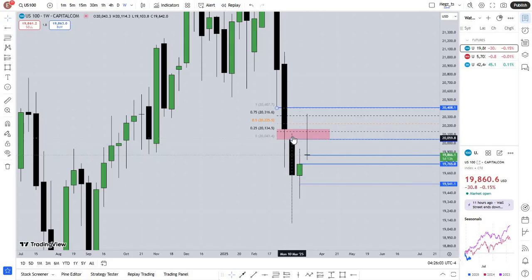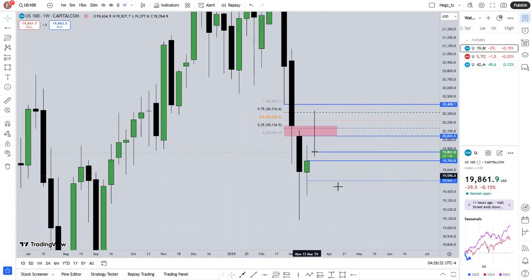So the fair value gap doesn't start at the high of this candle and the low of this candle, but rather the body of this candle, the open of this candle, and the low of this candle. Then you can specifically mark out the volume imbalance. We are dealing with the weekly time frame, but you can use this in any other time frame also.